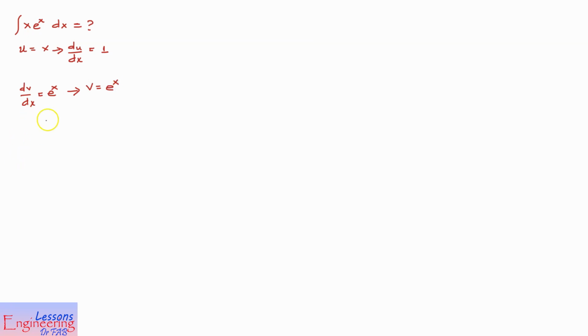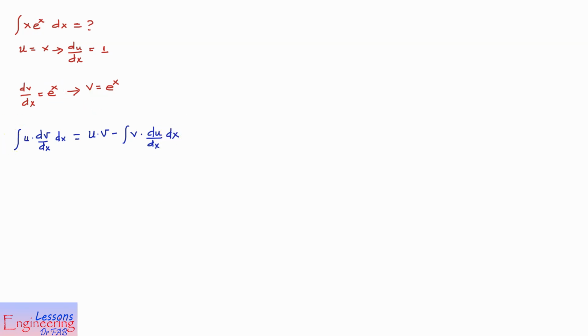Okay, so now let's go on and remind ourselves what that rule of integration by parts is. Integral of u times dv by dx equals u times v minus integral of v times du by dx.